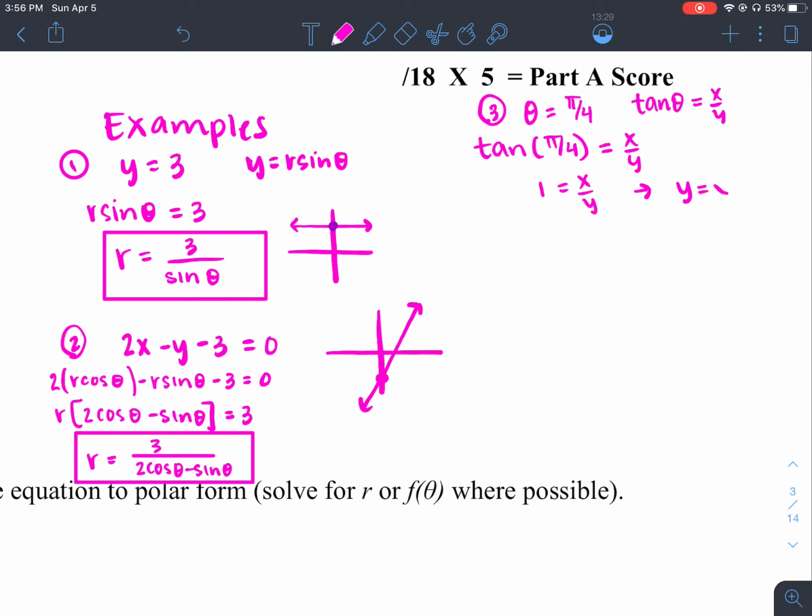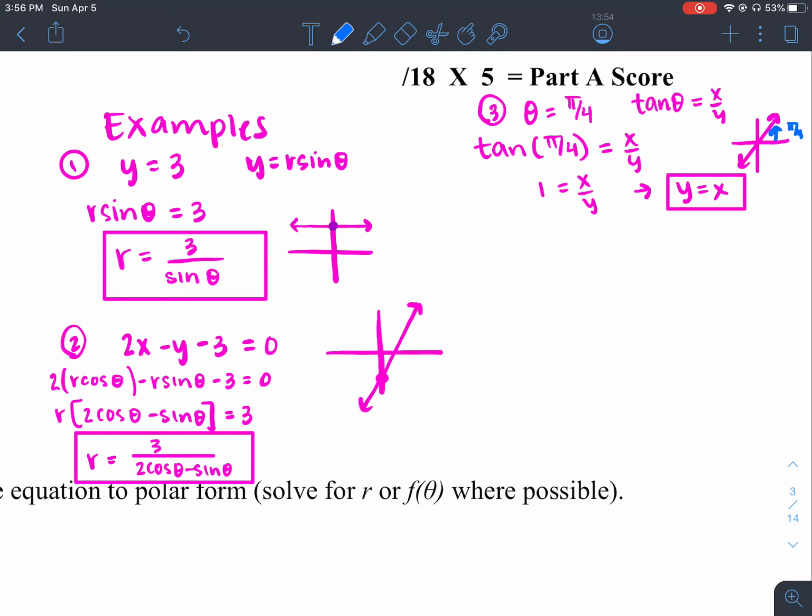This gives me the y equals x line equation, which, if I were to do a quick little sketch of that, which makes that vertical line nice and straight, is just this line right here, which some of you may have known right away, that is the line where I have that angle of pi over 4.